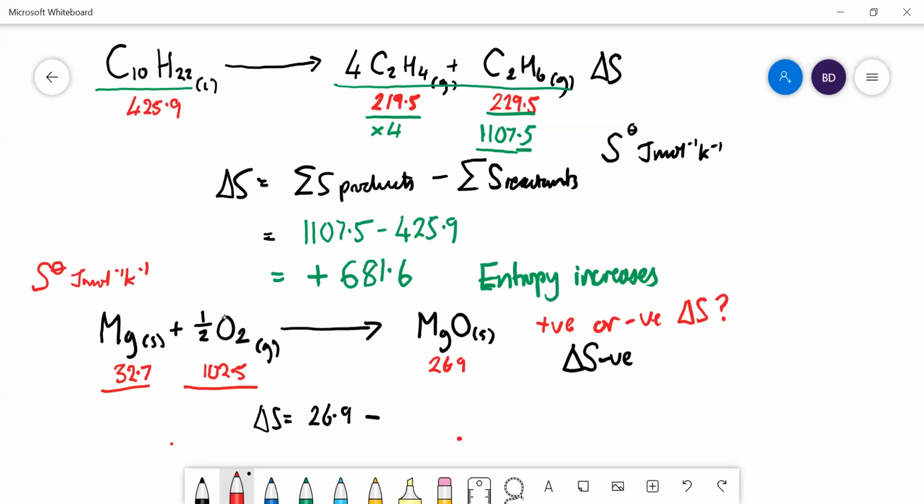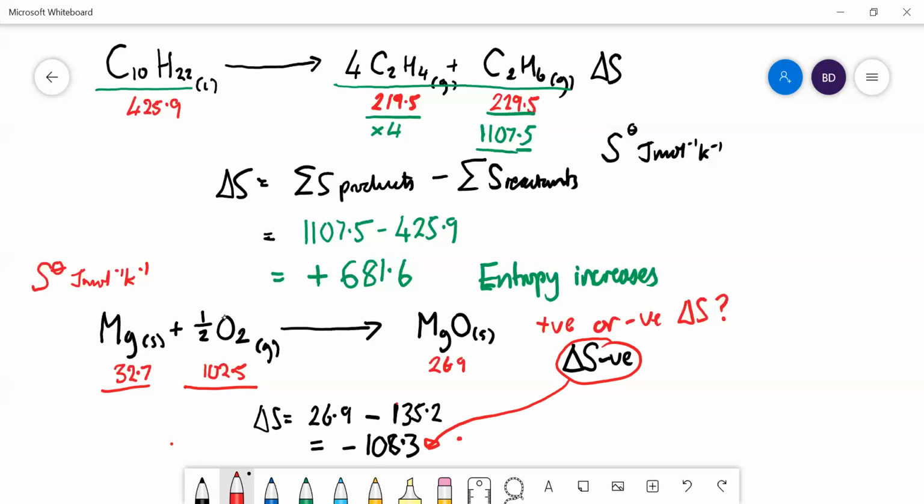So that's going to be minus 135.2, which is equal to minus 108.3. So yes, our delta S value for that reaction is negative, because we are getting rid of a gas, really, turning it into a solid.